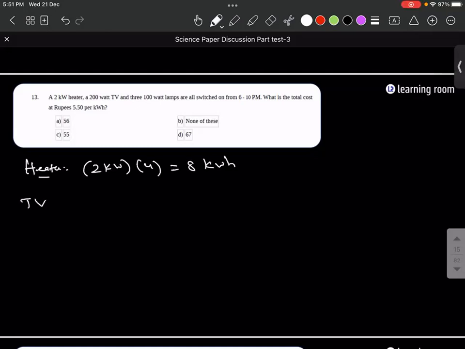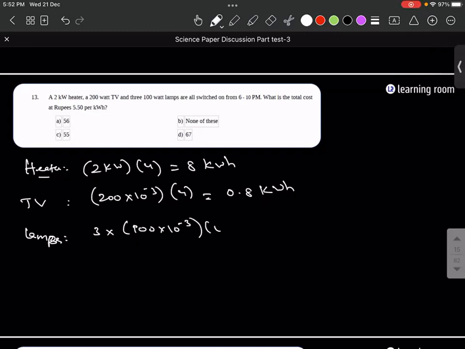For the TV, what is going to be the consumption? 200 into 10 power minus 3 into 4. That is going to give me 0.8 kilowatt hour. Then what about 300 watt lamps? For lamps, it is going to be 3 into 100 into 10 power minus 3 into 4.